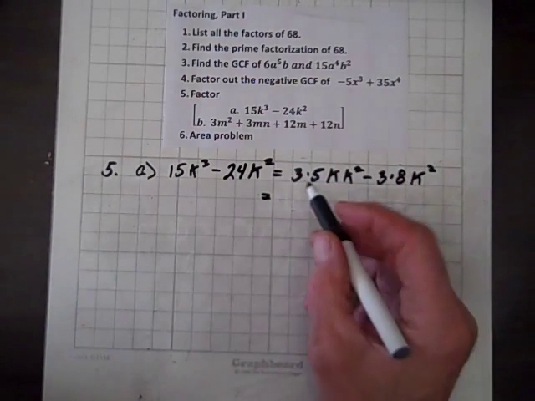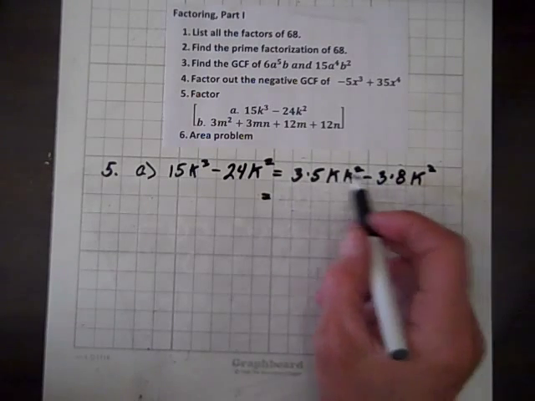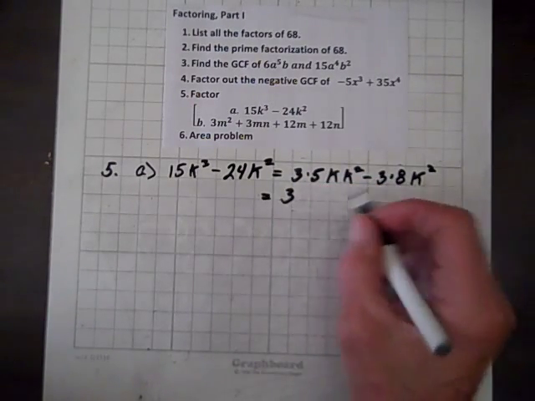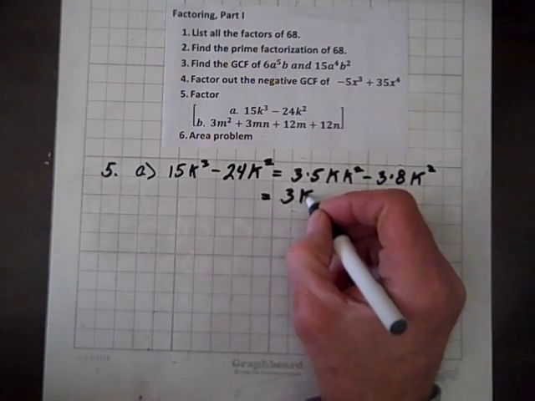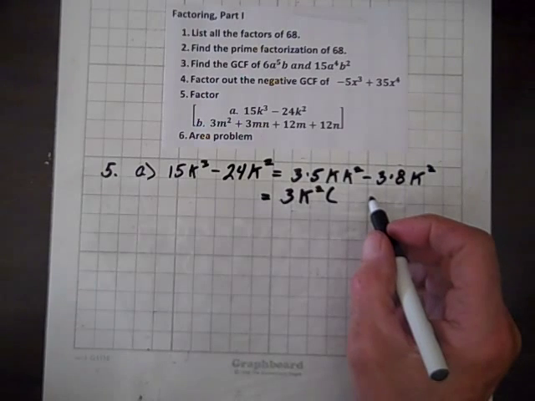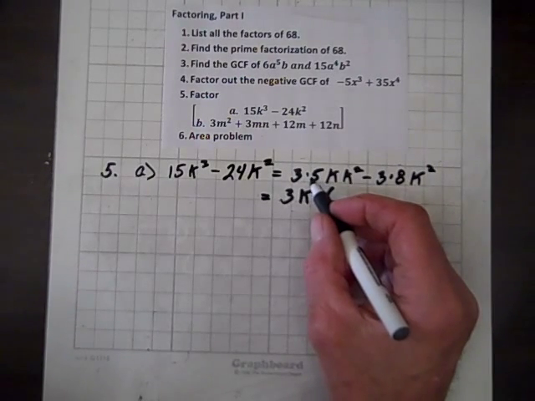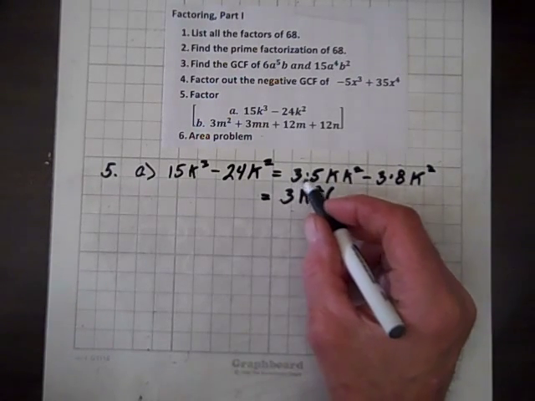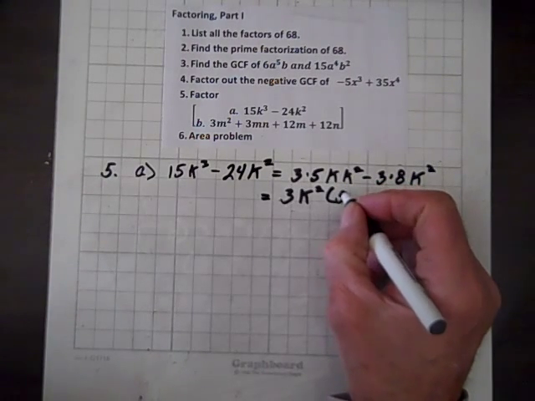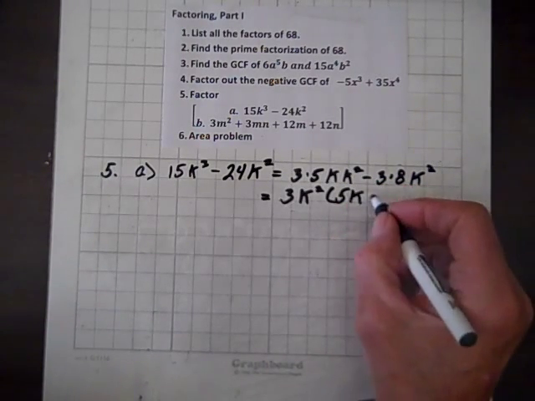Now, you can notice that 3 is a common factor of each term, and k squared is a common factor of each term, so we'll factor those out, install parentheses, and what remains in this term after removing the 3 and the k squared is 5k.